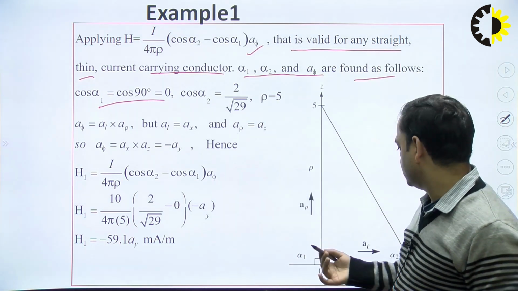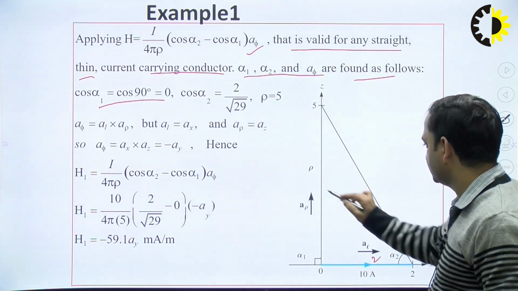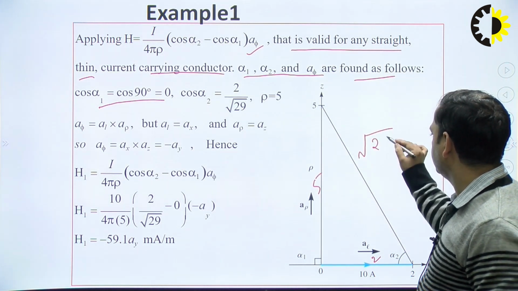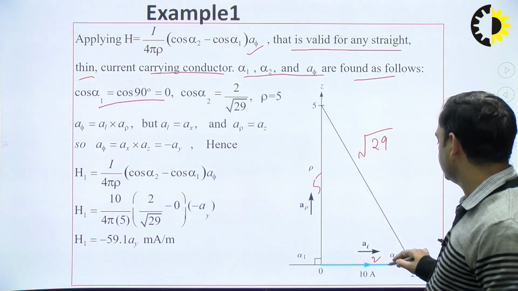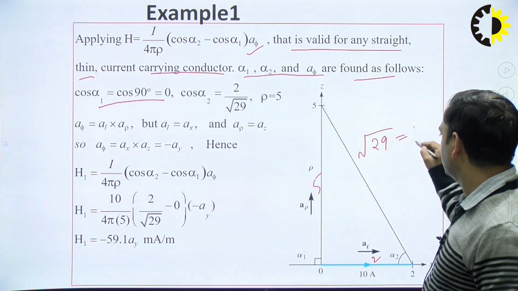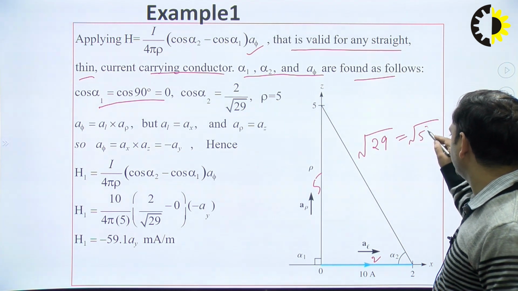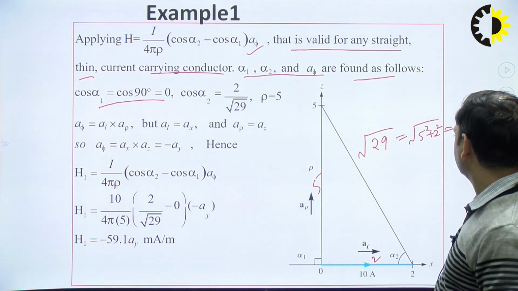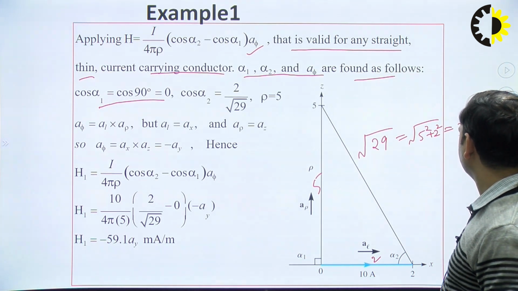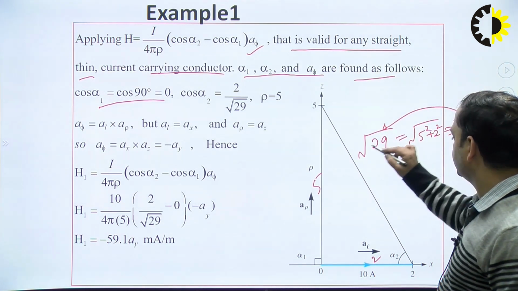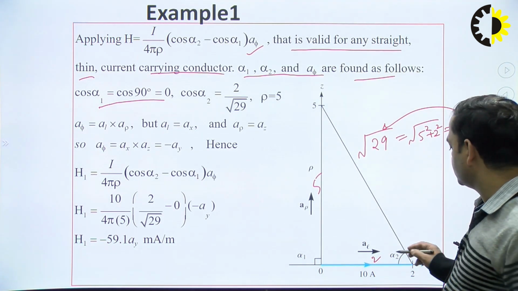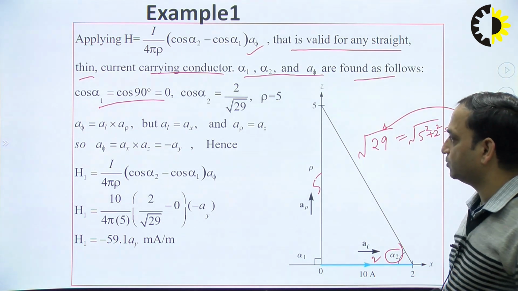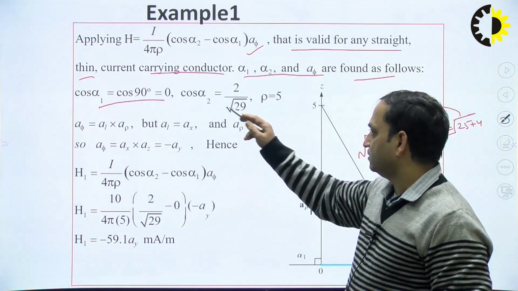Alpha 2: this is 2, this is 5, and when you solve it, 5 square plus 2 square, that is 25 plus 4, which is 29. Then cos alpha 2 is 2 divided by root of 29.